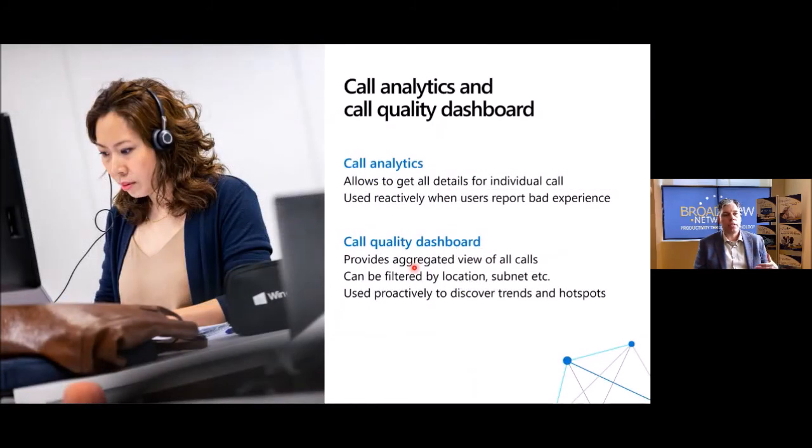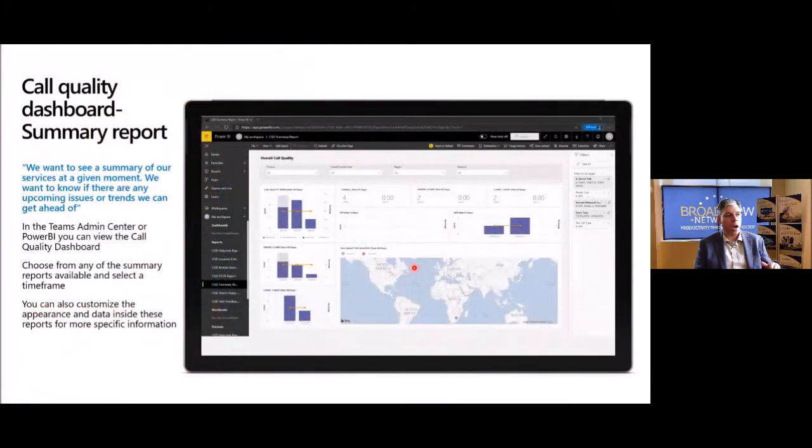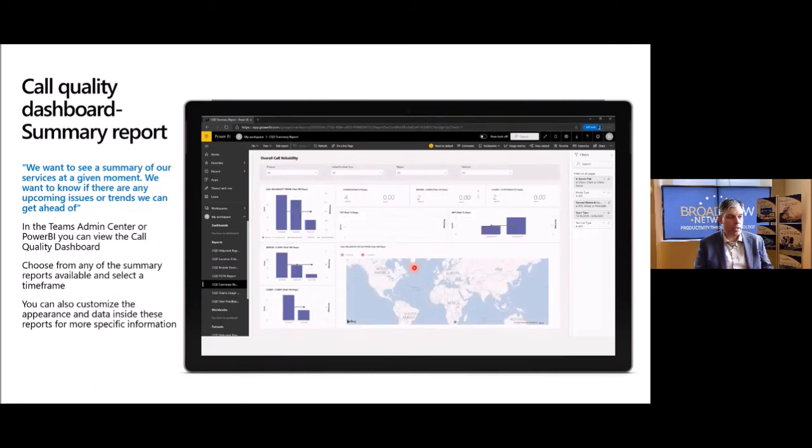You may be using some level of analytics in your environment. The call dashboards that are built in are geographically aware, and they give you the ability to both view the call quality overall that is being experienced throughout your environment, but also detailed call reports.